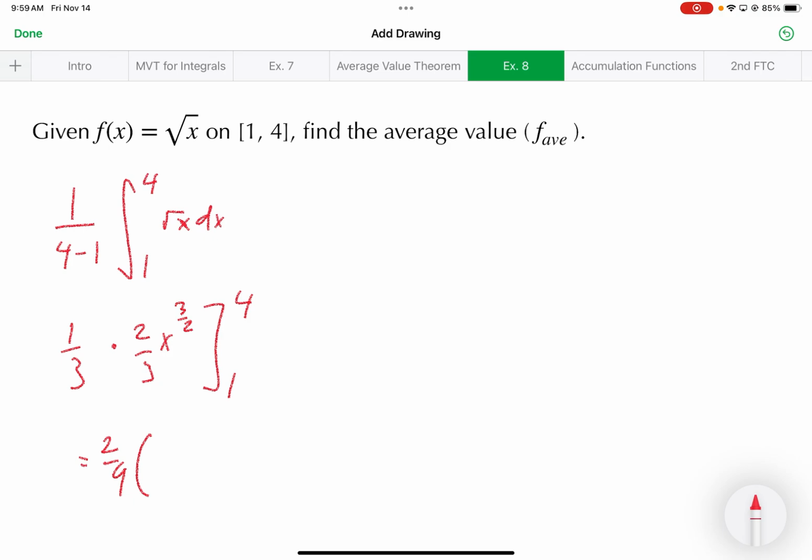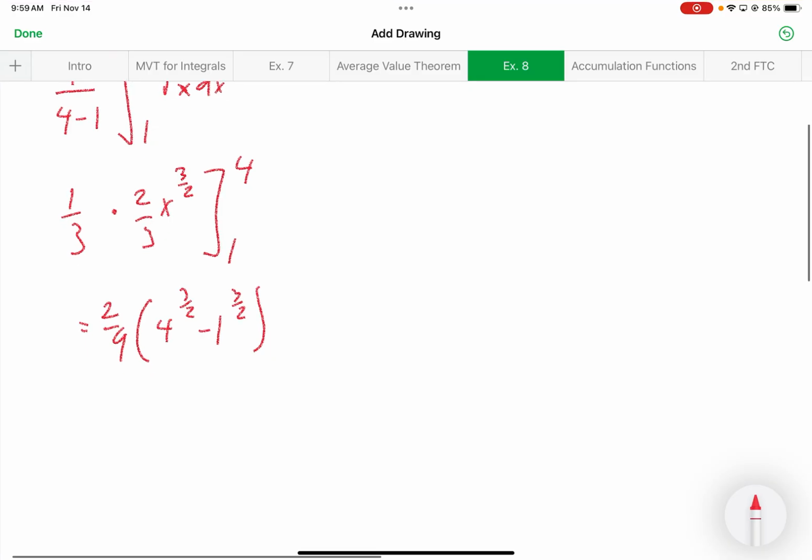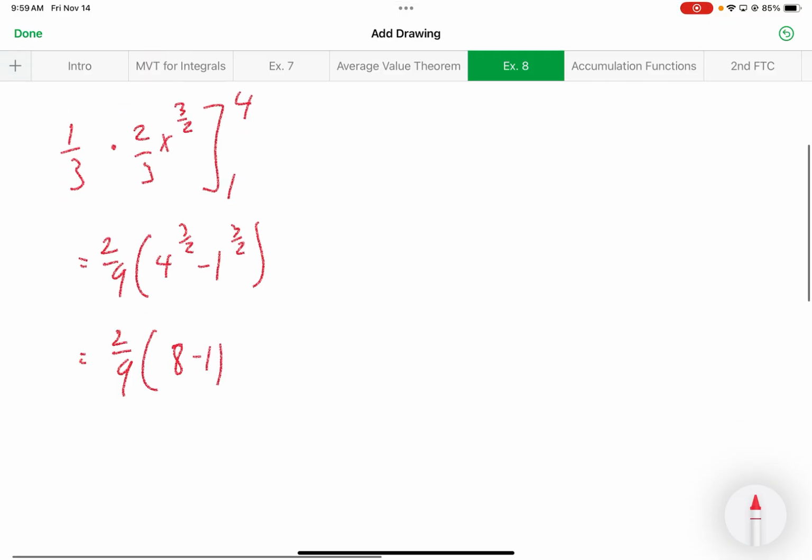And then inside our parentheses, we would have 4 to the 3/2 minus 1 to the 3/2, which is 2/9 times, okay, 4 to the 3/2 again was 8. And then 8 minus 1 gives us 7. So we end up with 14/9 as our average function value.